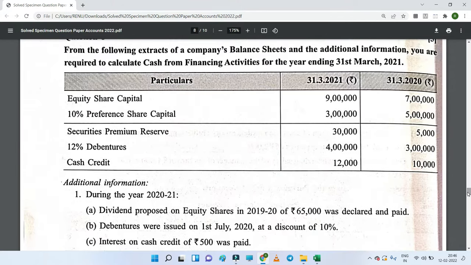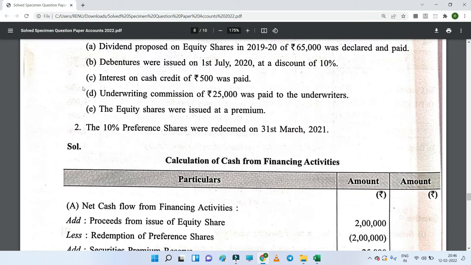We can see here debentures were increasing by 1 lakh, but as they were issued at discount, 10% of 1 lakh is the discount amount that must be deducted. So the 90,000 increase will only be the inflow of cash. Then we have interest on cash credit, 500.